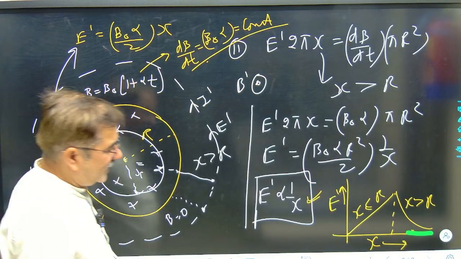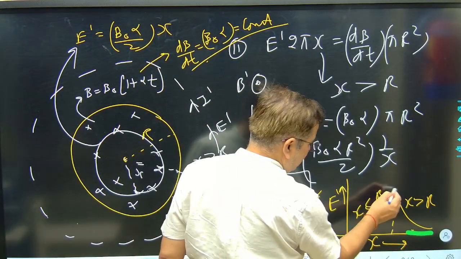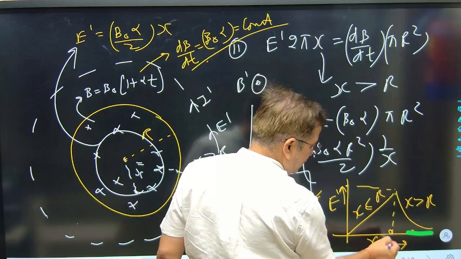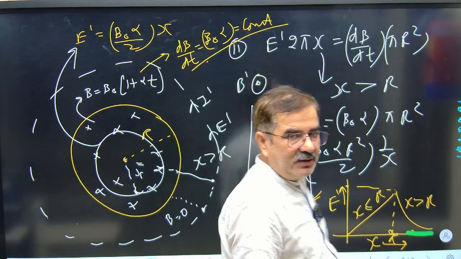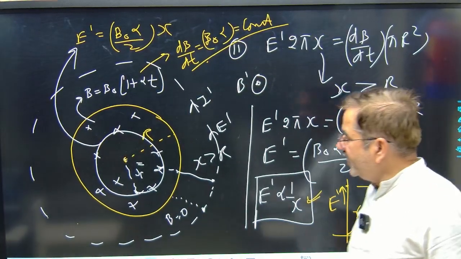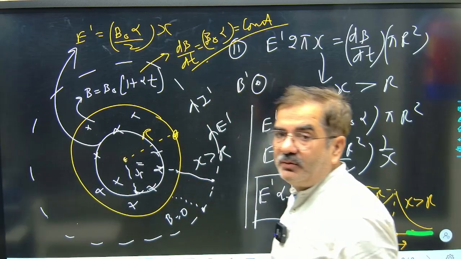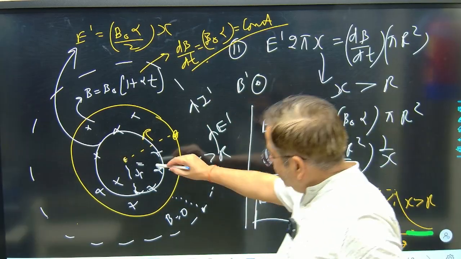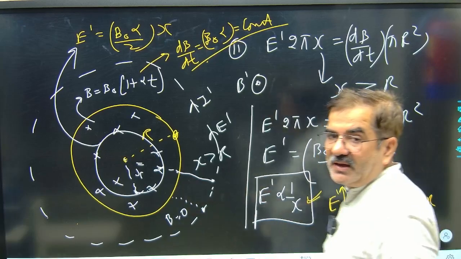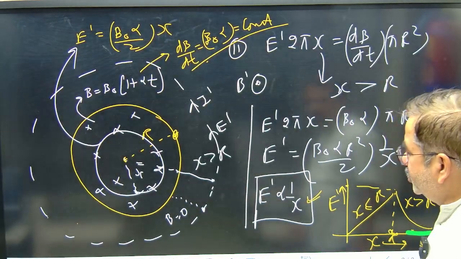For any EMF, and also I can say for x equal to R, this induced field is maximum. The maximum induced field will be here, and the field is increasing radially outward till the boundary where the field exists, the maximum position of x.